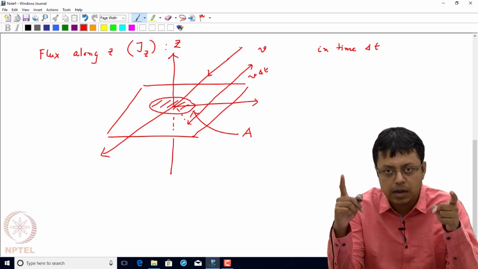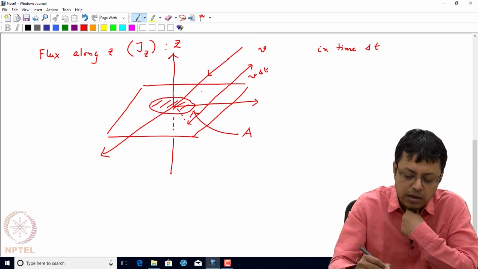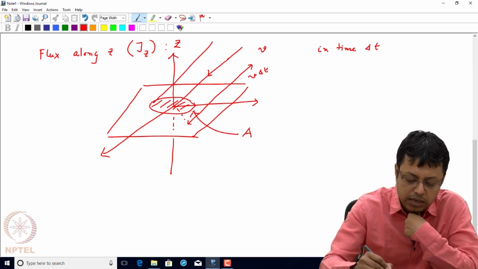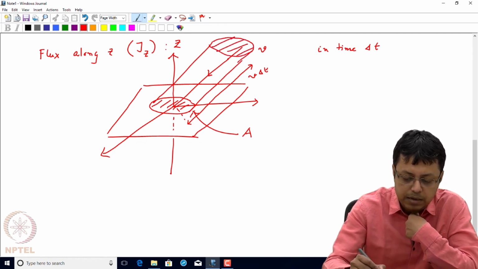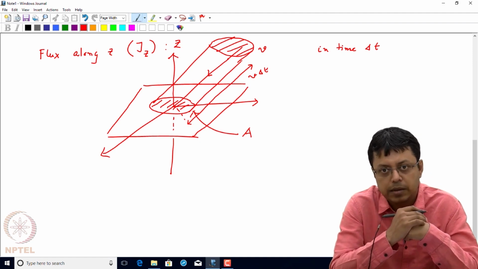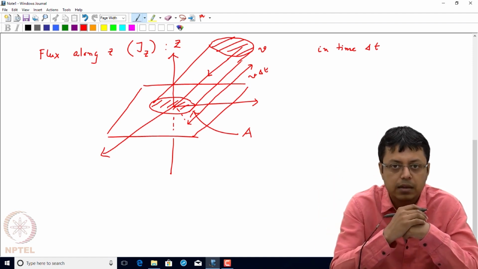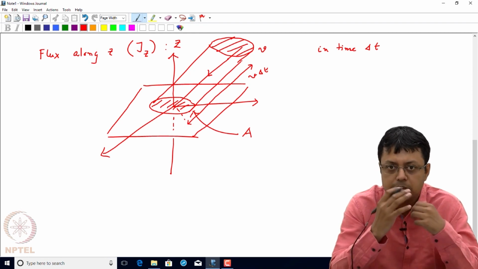Speed into time interval is nothing but the distance traveled. So those molecules which are lying within this cylinder, and have a speed in that direction with magnitude v, will come and strike this particular shaded region which has a cross section of A. It is as simple as that.